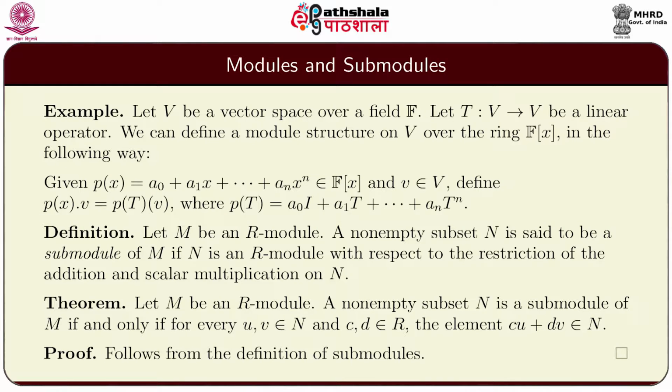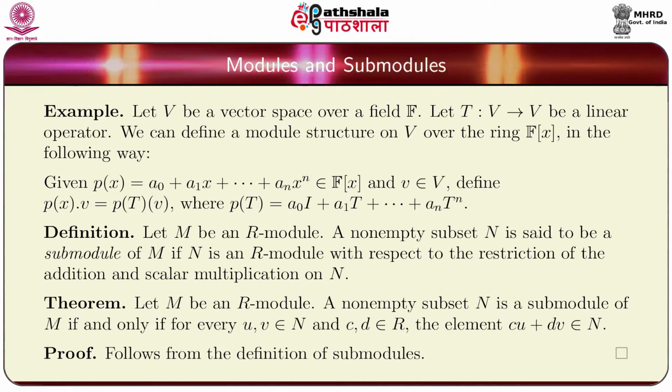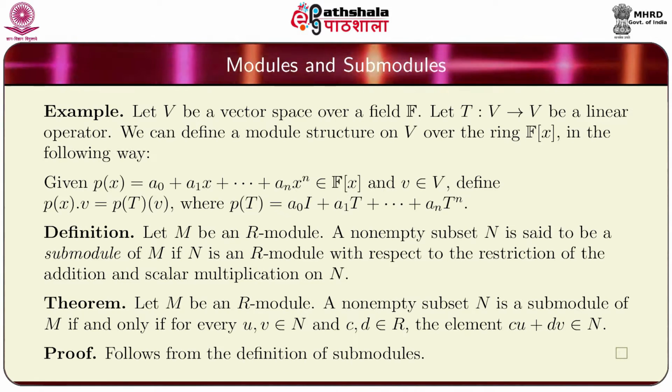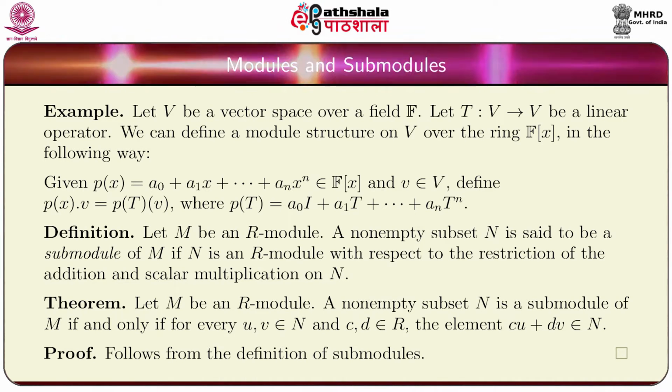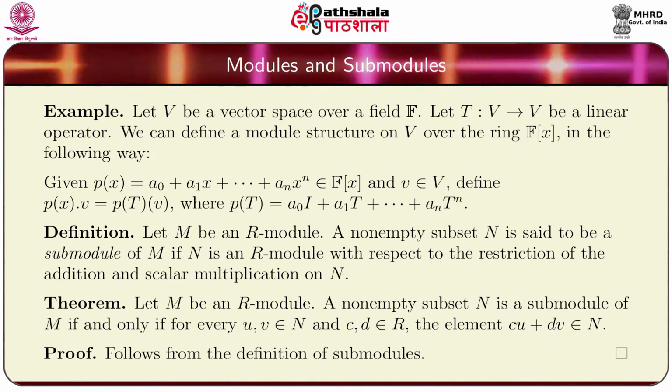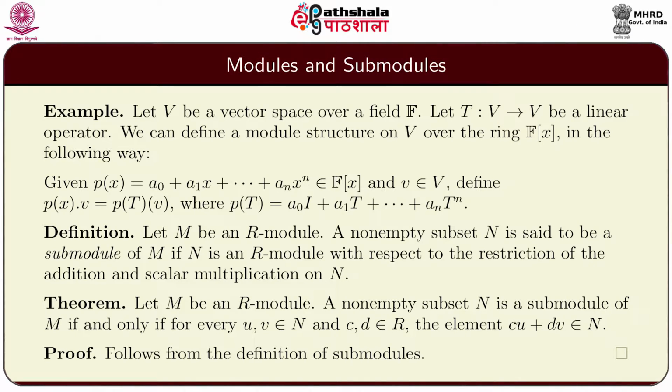If v is a vector in the vector space V, then we define p(x) dot v is equal to p(T) of v, where p(T) is the operator a0 I plus a1 T and so on up to an T to the power n, and therefore p(T) of v means this operator being applied to v, which would produce another vector in V. This is an extremely important module structure on a vector space with the help of a linear operator.